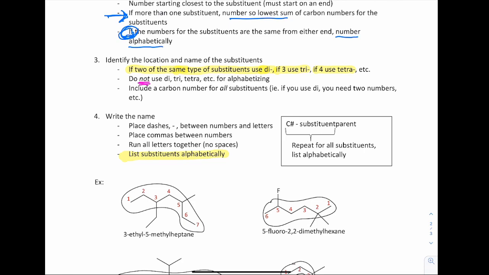But we're not naming those this semester. That's in 236. So dashes between numbers and letters, commas between a number and another number. All of our letters get run together with no spaces. And then if we have more than one substituent, we are going to list them alphabetically, not numerically, alphabetically. So let's go out to our examples here.